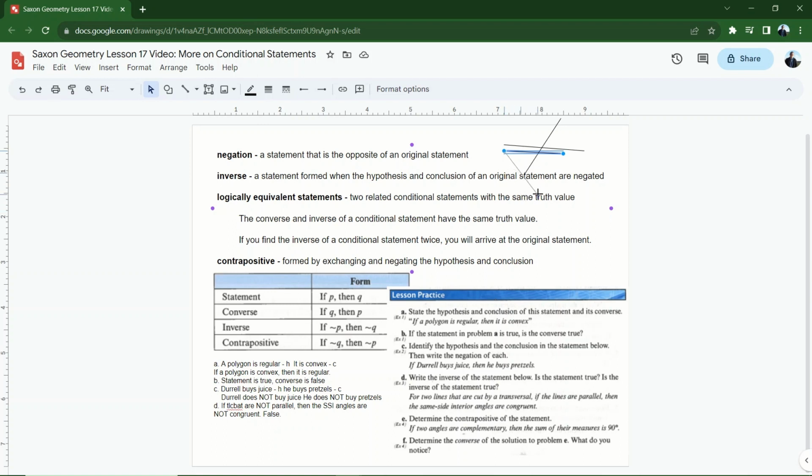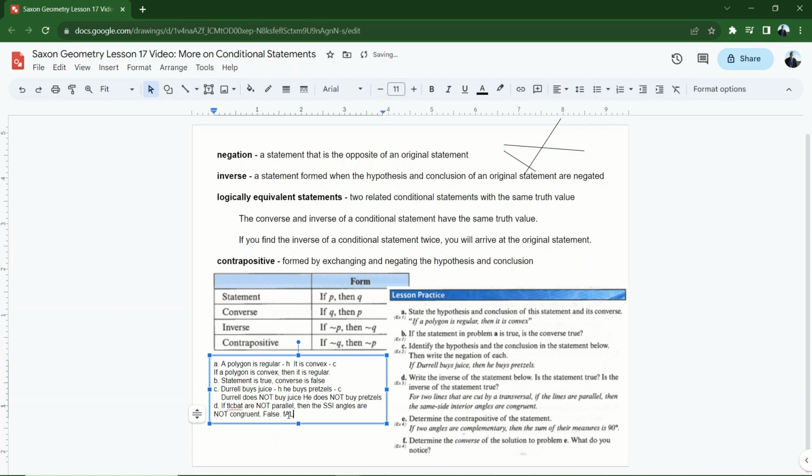So somewhere in there had to be the angle that was congruent to this angle. So it is possible for me to make two non-parallel lines cut by a transversal with congruent angles. It's just really hard to figure it out from drawing it this way. But there's definitely a way to do it to make congruent angles on the insides here. So therefore, the inverse is also false because there is at least one counterexample of the inverse.